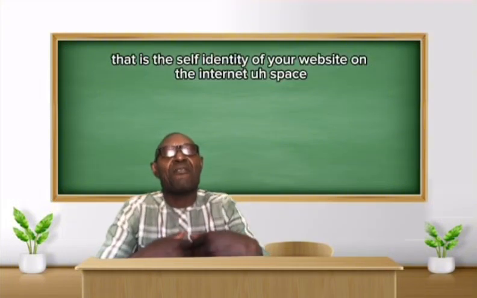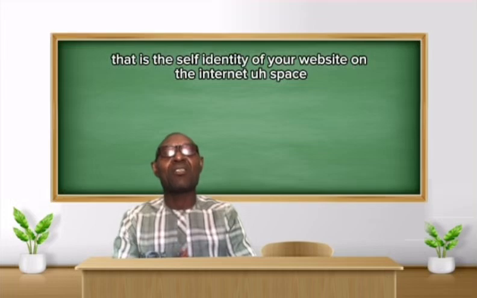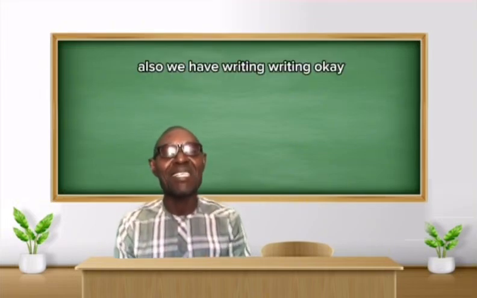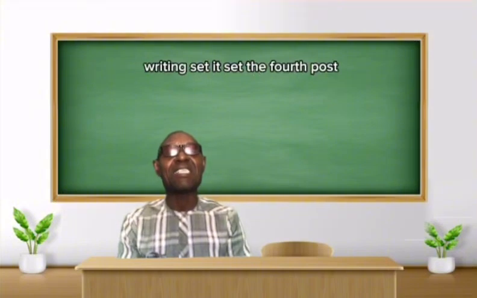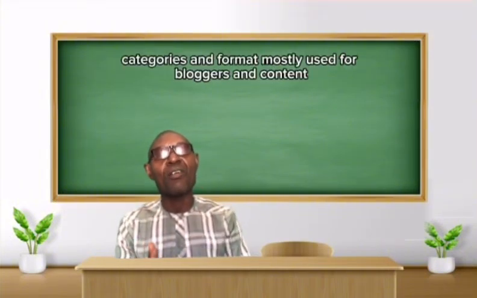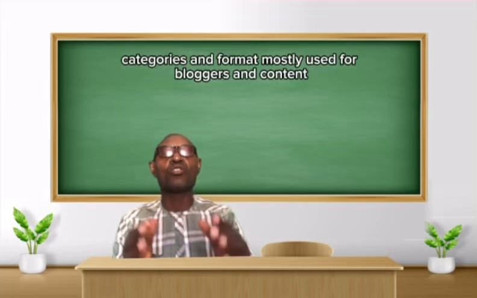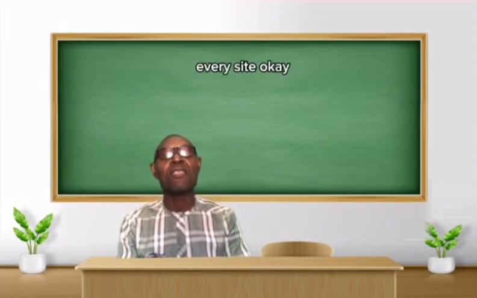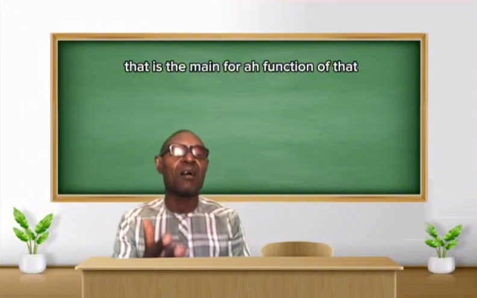That is the self-identity of your website on the internet space. Also, we have Writing. Writing sets the default post categories and format, mostly used for bloggers and content-heavy sites. That is the main function of that.